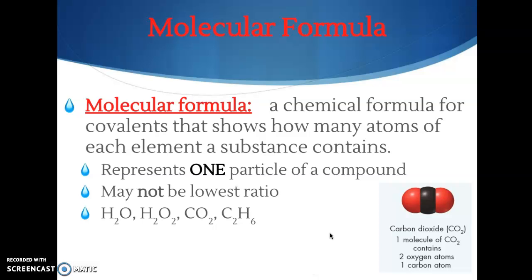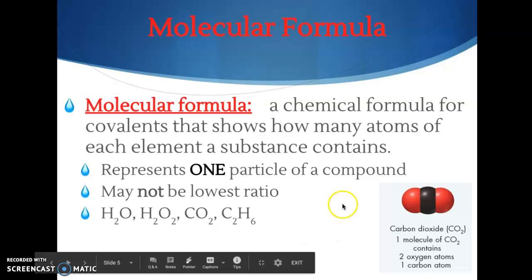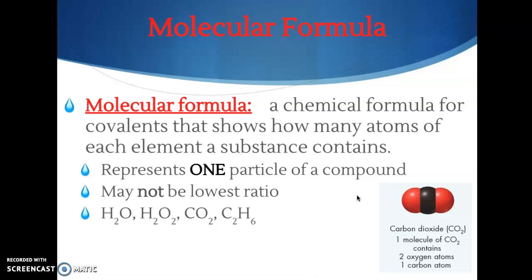Next we have molecular formula. A molecular formula is a chemical formula for covalent compounds that shows how many atoms of each element a substance contains. It represents 1 particle of a compound. This may not be the lowest ratio, because with ionic compounds it was always the lowest ratio of the ions in the compound, so that they give you a charge of 0.